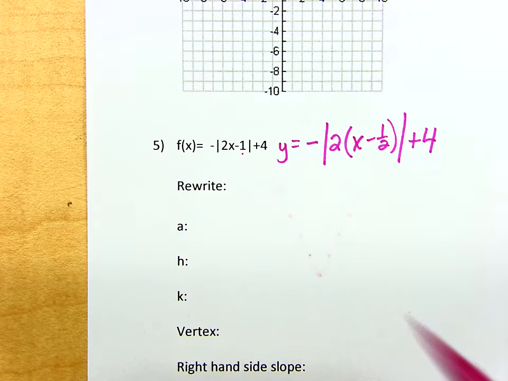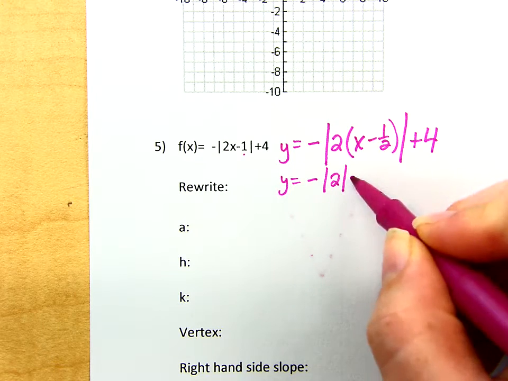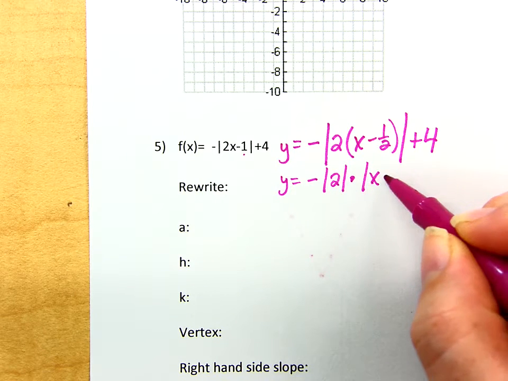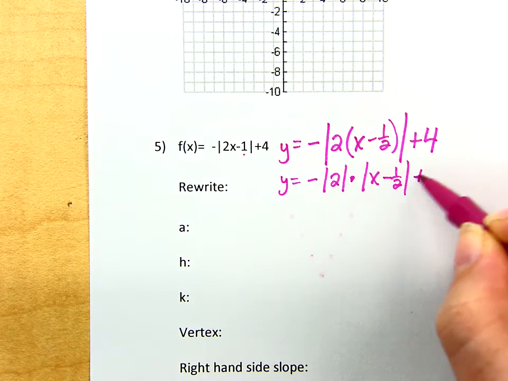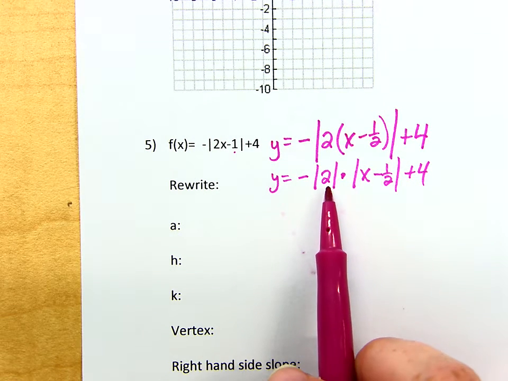So now I'm going to split it up like I have been. So I'm going to have the absolute value of 2 times the absolute value of x minus 1/2 plus 4. And then when I simplify this, what's the absolute value of 2? 2, but now this is saying I want the opposite of that answer.